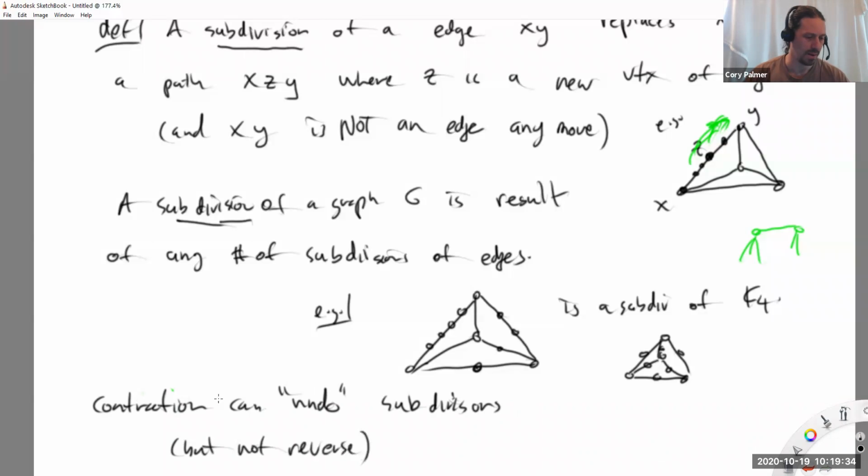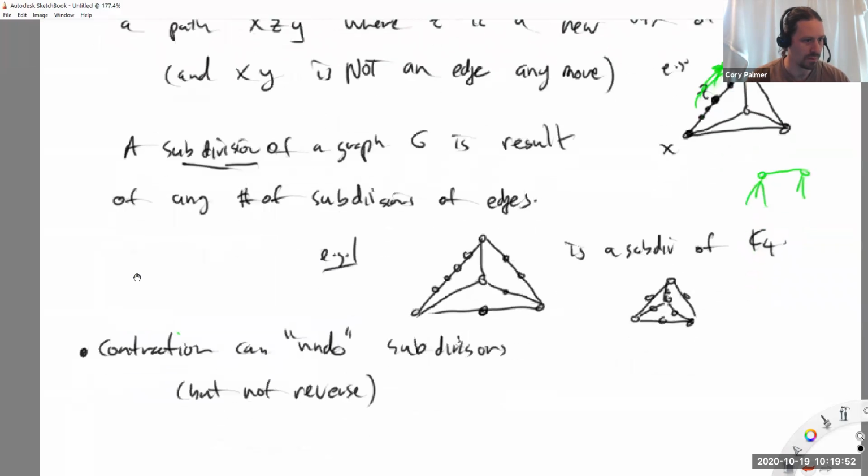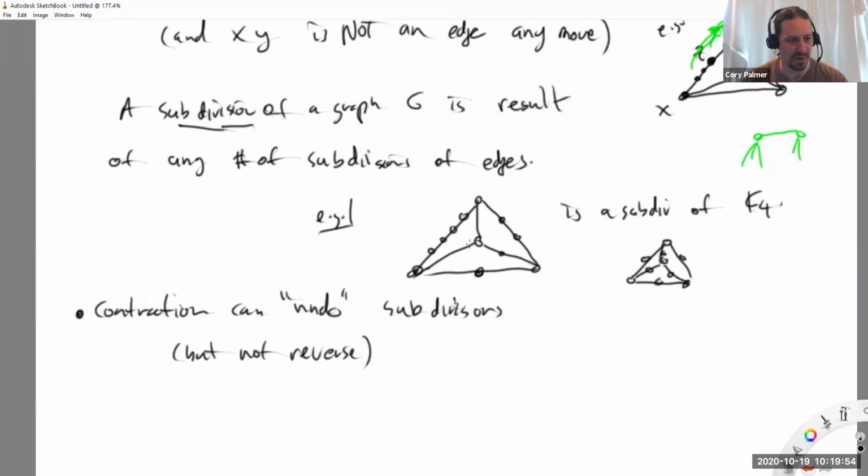We talked a little bit about this when we were thinking about contractions, and actually trying to find an inverse of a contraction is basically not really possible. There's just multiple different outcomes here, but subdivision is very, very nicely defined, right? It's very simple what's going on here. Okay. And so if I'm talking about a subdivision of a graph, I can arrive at that graph through contractions. I can get back to my K4 by contracting in the appropriate order. Okay, that'll be a handy fact for us.